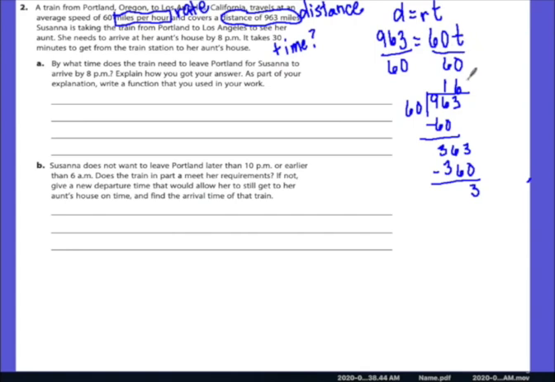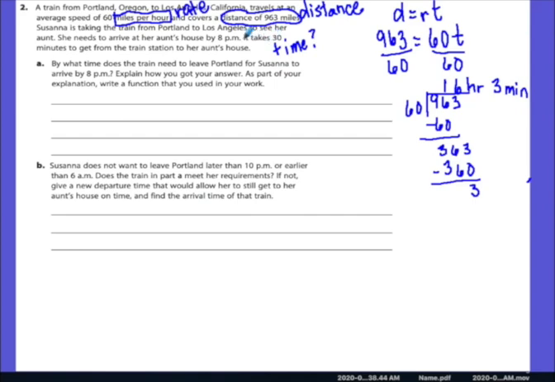So I know that that gives me 16 hours and part of another hour, and that part is 3 minutes. So I know that it's going to take me 16 hours and 3 minutes on the train. But that does not get me to my aunt's house.